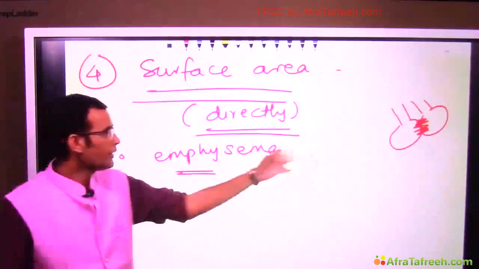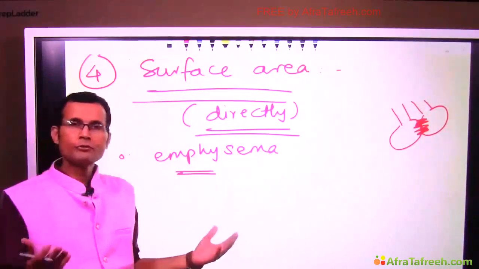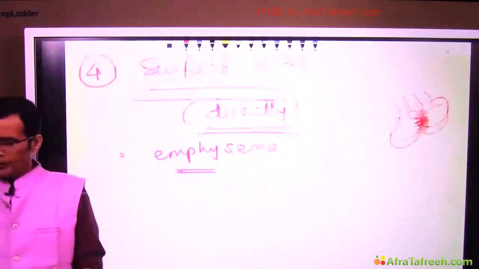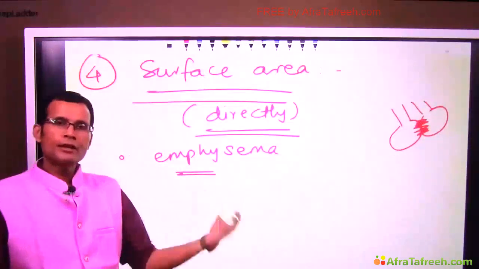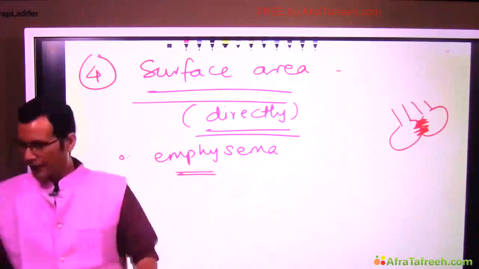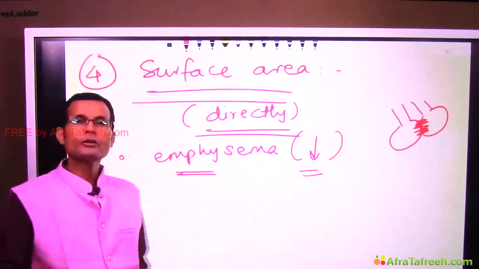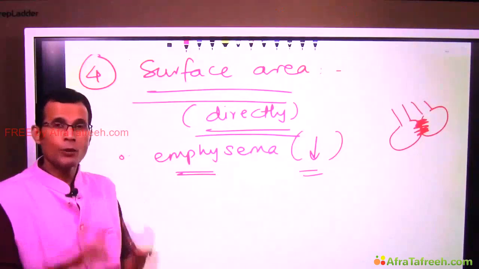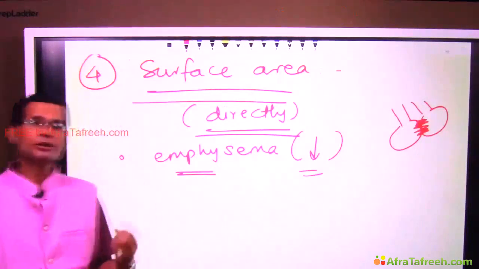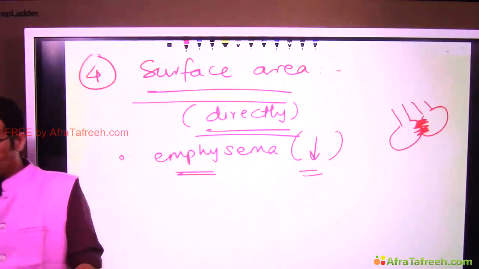Because the surface area for gas diffusion decreases, the rate of gas diffusion will decrease. More the surface area, more will be the rate of diffusion. Less the surface area, as in this case, the rate of diffusion will decrease. That's one problem in emphysema: the oxygen diffusion rate decreases, and the carbon dioxide diffusion rate also decreases.